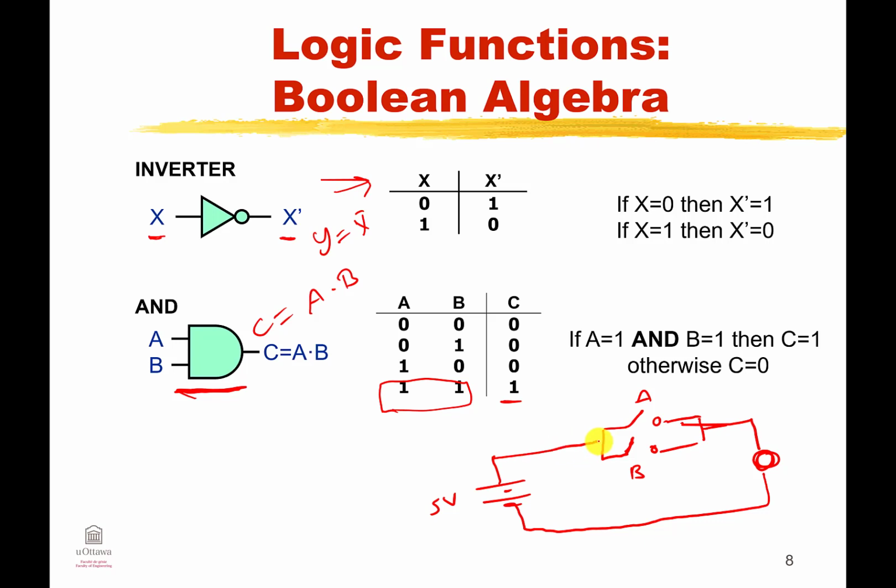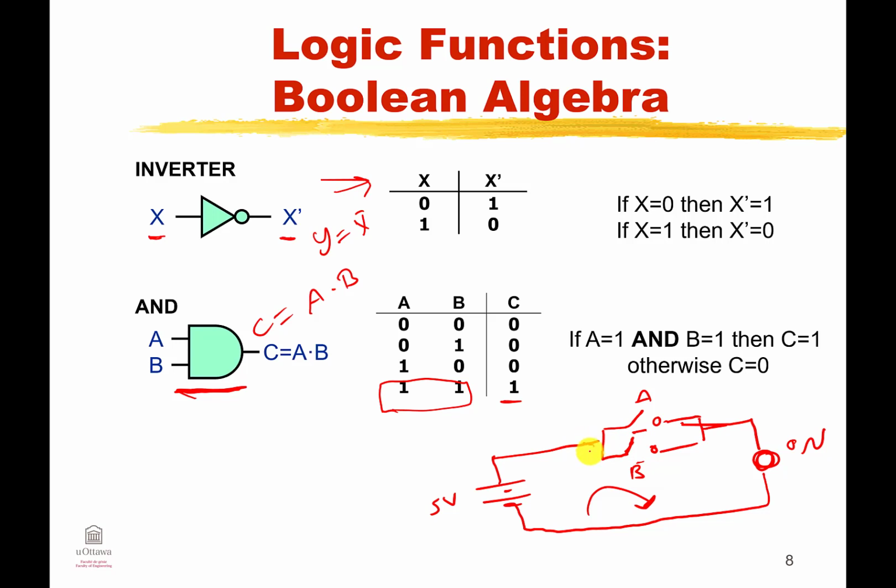So if A is closed, I will have a current, so the light will be on. If B is closed, I will have a current, and even though A is open, I will still have the current.